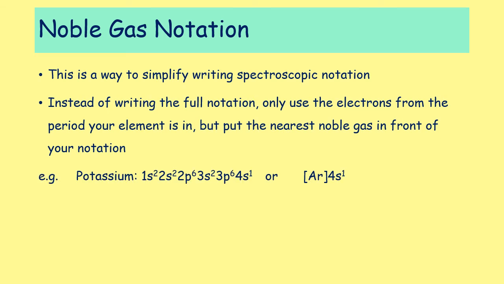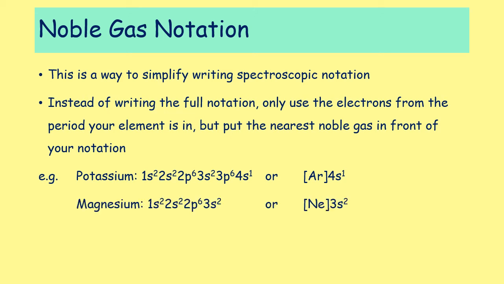So for example, if we look at potassium, potassium is the first element in period 4. And so the outermost orbital is 4s1. The noble gas before it is argon. So argon would be 1s2, 2s2, 2p6, 3s2, 3p6. So instead of writing that full thing out, we can write argon in square brackets and just include the 4s1.